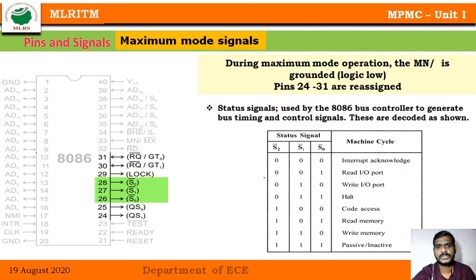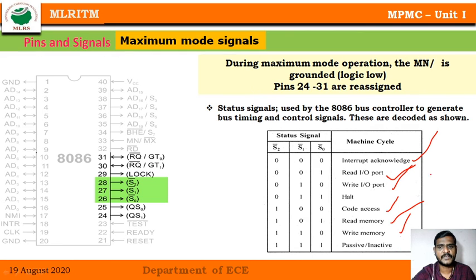In such scenarios, if I want to know the status of what the arithmetic processor is doing, these are the three signals: 000 is interrupt acknowledgement, 001 is read input port, 010 is write to output port, 011 is halt, 100 is code access, 101 is read memory, 110 is write memory, and 111 is inactive mode.